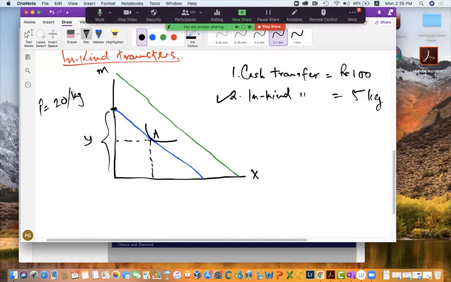Now if they're getting an in-kind transfer and they cannot resell it, then even if they don't buy any food out of their own money and spend their entire income on other goods, their food consumption will be 5 kgs. This is 5 kgs.